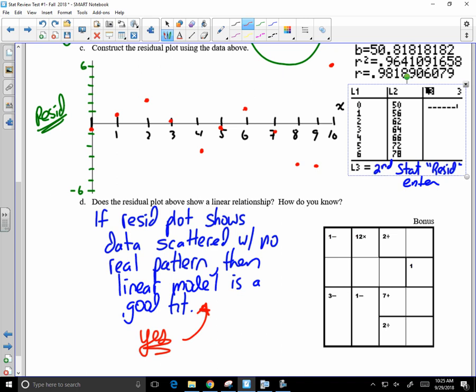That's not a pattern. It's like, that's clearly a line. That's clearly a sine wave. That's clearly a parabola. That's a pattern. If anything other than that emerges, then not a pattern. Therefore, linear relationship is a good fit. So linear model.